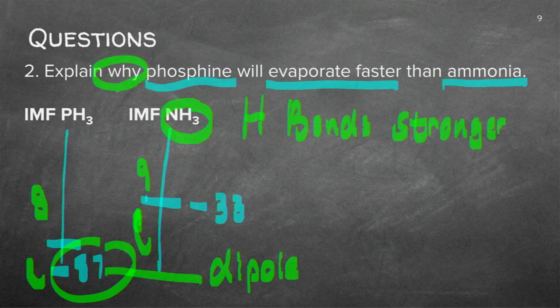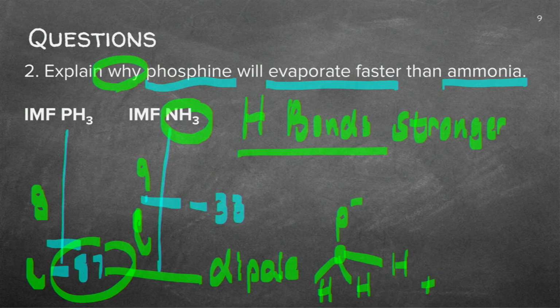Depending on its shape, if it's a dipole like that, can you see there, it will have a positive and a negative side, which is a weaker bond than the hydrogen bond. We need to be able to explain in terms of intermolecular forces why this evaporation is faster.